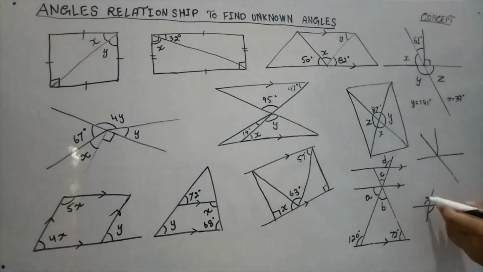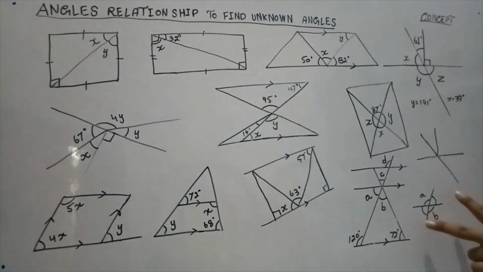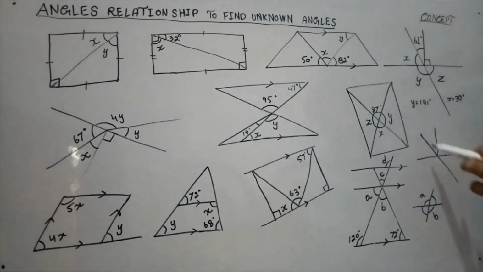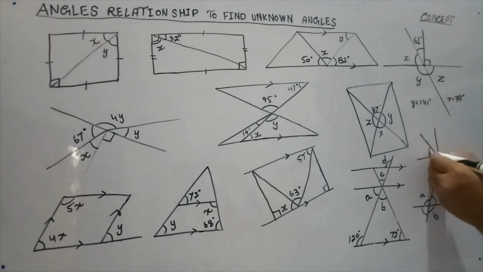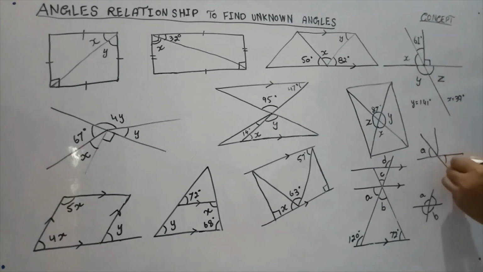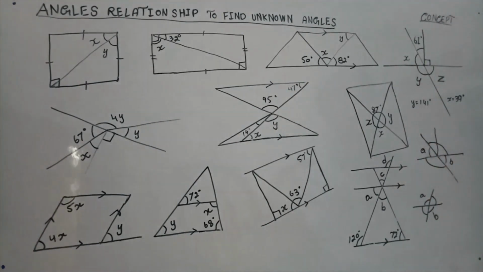This angle A and this angle B are opposite of each other, so these two angles are equal, and also these two angles here are equal. Taking the opposite angles, this angle A will be equal to this angle B, and this angle C will be equal to this angle B.